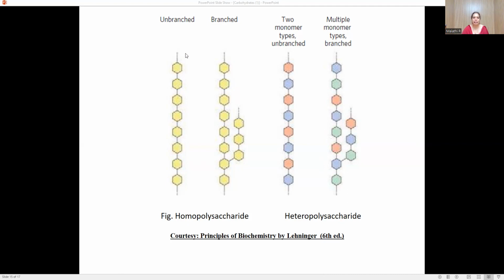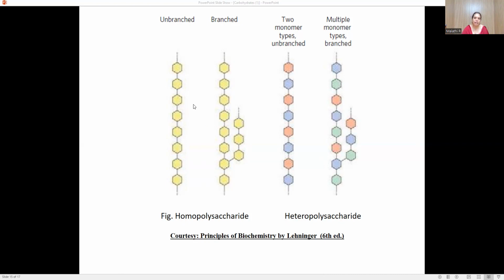You will have only the linear structure. There will not be any branches. Whereas in case of branched homopolysaccharide, you will have branches. Even in the branches, the same monosaccharide will be present. The unbranched structure is also called linear homopolysaccharide. So linear homopolysaccharide and branched homopolysaccharide will be classified.